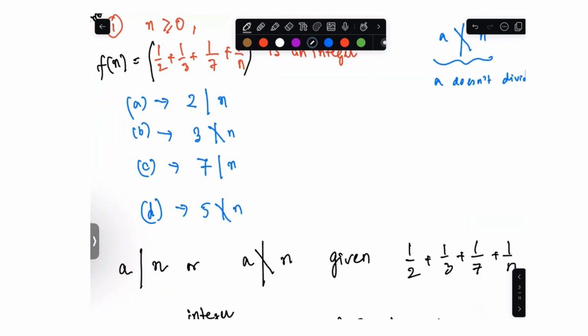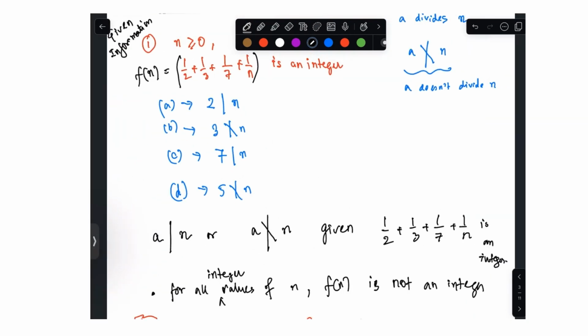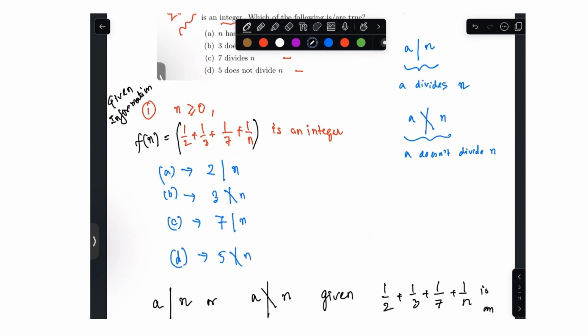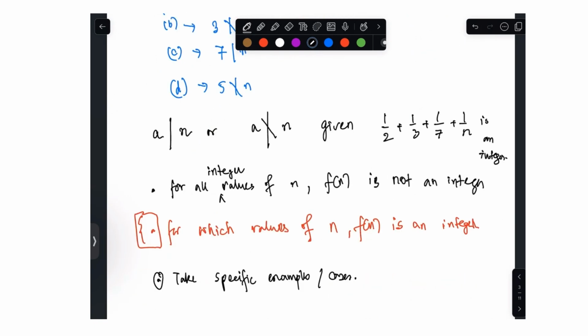The simple thing is to take specific cases or specific examples. What is a specific case? This will not always be told in the examination, but in this case the specific case is given. For A, you just select a equal to 2.